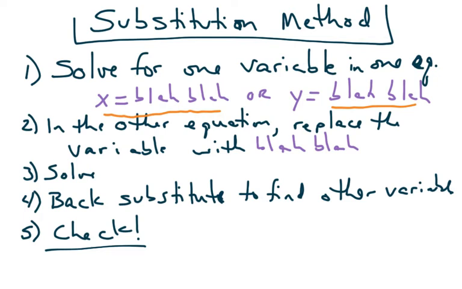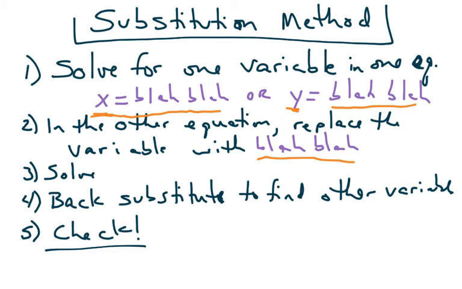Wherever there's that variable, whether it be the x or the y, I'm going to pull that out and I'm going to substitute in the blah, blah, blah for it. Because remember, when it's x equals blah, blah, blah, the equal sign means that those two are equivalent to each other. They mean the same thing. So I can pull one out and put the other one in.